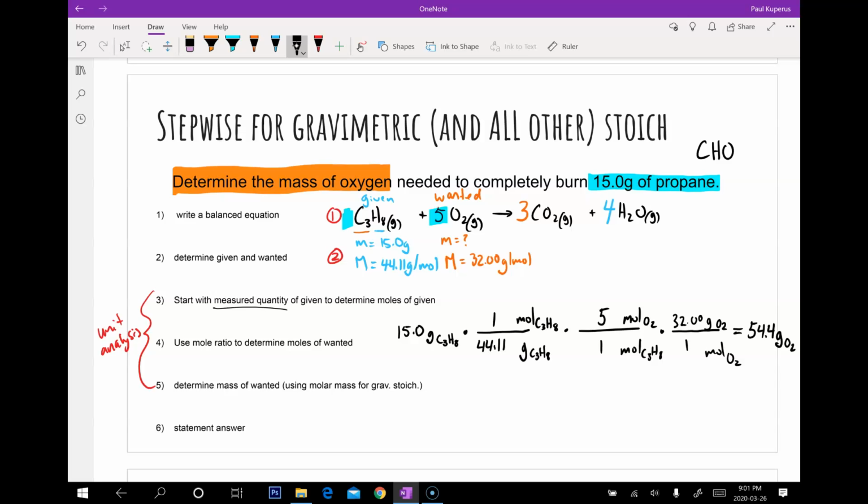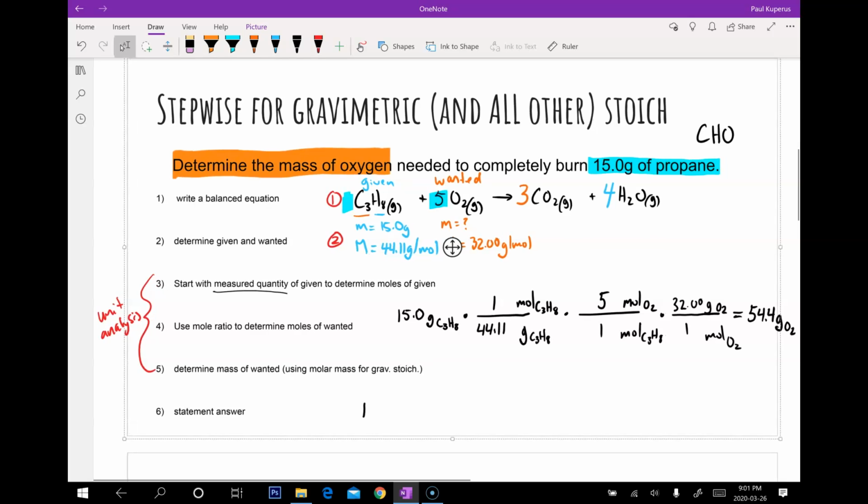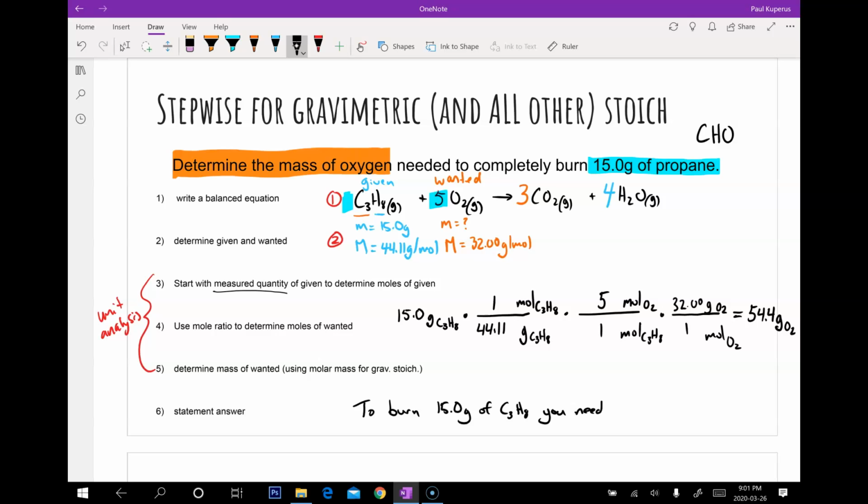So it can go a couple of ways, and one way that we can look at it is like this. To burn 15.0 grams of propane, you need 54.4 grams of oxygen. And that would be an acceptable statement.